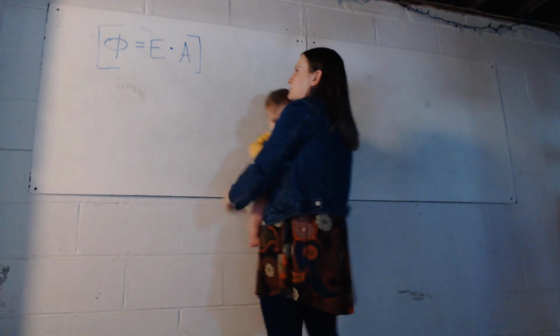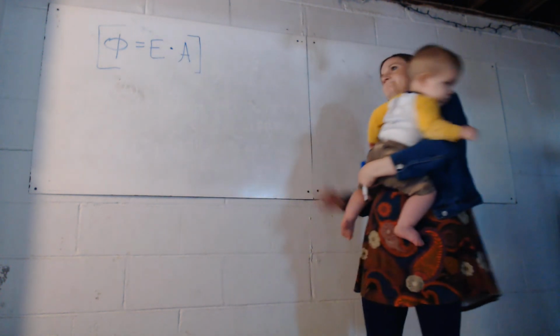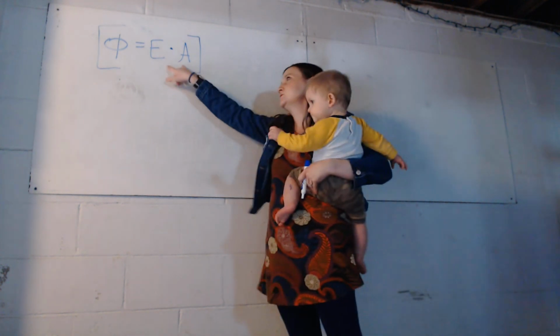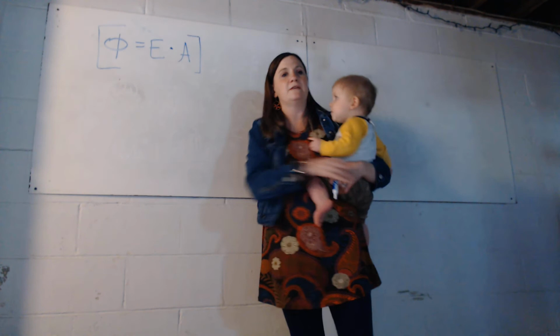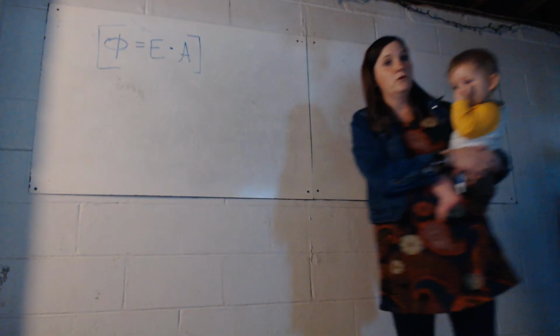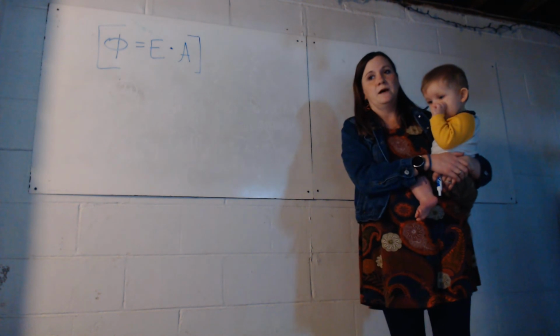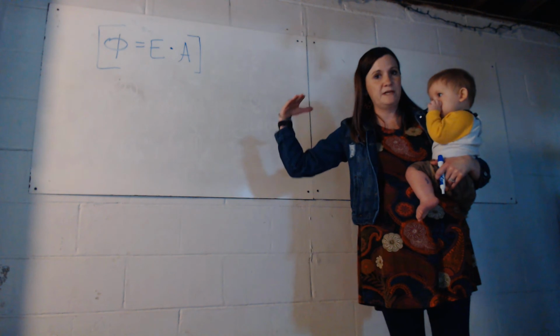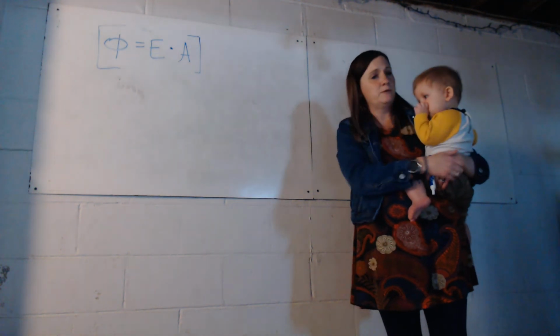So for the record, the dot product is the product of the two times the cosine of the angle between them. We are hopefully going to be working with the field lines actually piercing, so at a 0 or 180 degree angle between them.